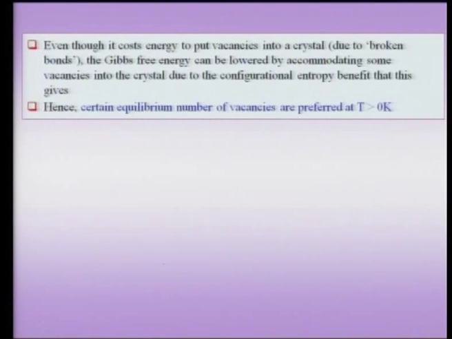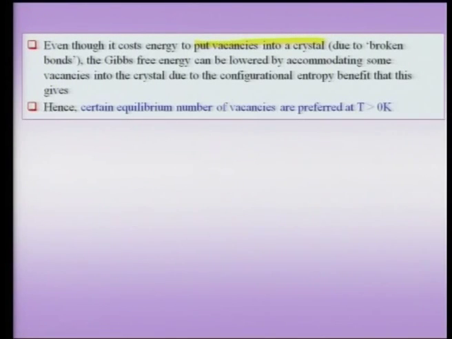So, let me summarize the calculation so far, which is something very important: in spite of the fact that it actually costs me energy to put vacancies in a crystal, and this energy or enthalpy increase is coming from broken bonds, the fact that Gibbs free energy can be reduced by accommodating vacancies implies that I can have an increase in vacancy concentration, and that means at any temperature you could have an equilibrium concentration of vacancies, and therefore at any temperature you would prefer vacancies when you are above 0 Kelvin.